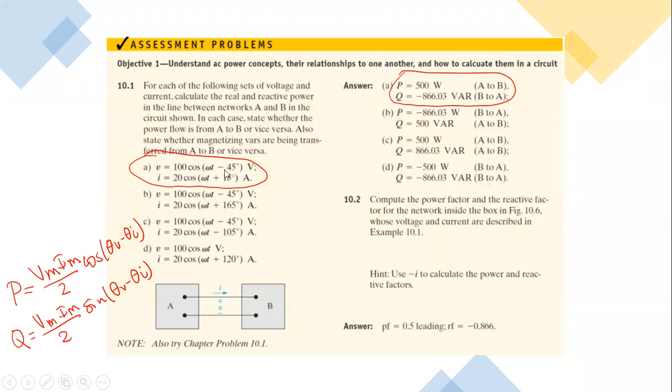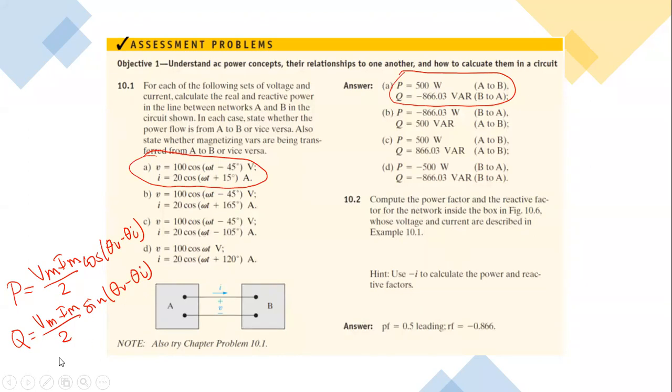And then cosine of negative 45 minus negative 15, so it will be negative 60, and cosine of negative 60 is half. So 1000 times half will be 500. As you see, it is 500.